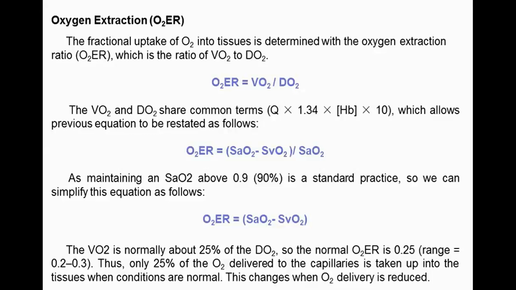So we can cancel both of them above and below. The simplified equation: oxygen extraction equals saturation arterial minus saturation venous, divided by saturation arterial. The arterial saturation is 100, so it equals just saturation arterial minus saturation venous, because it's 1. Yes?